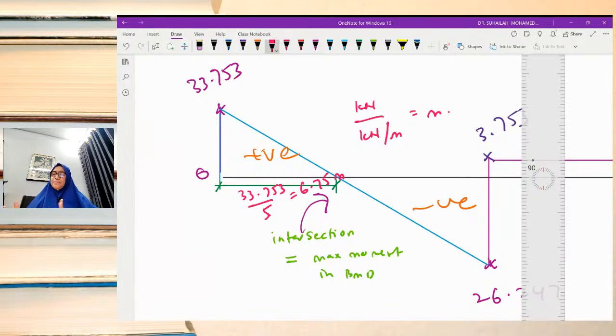So the remaining is 12 minus 6.75, which is 5.25. Is it 5.25?